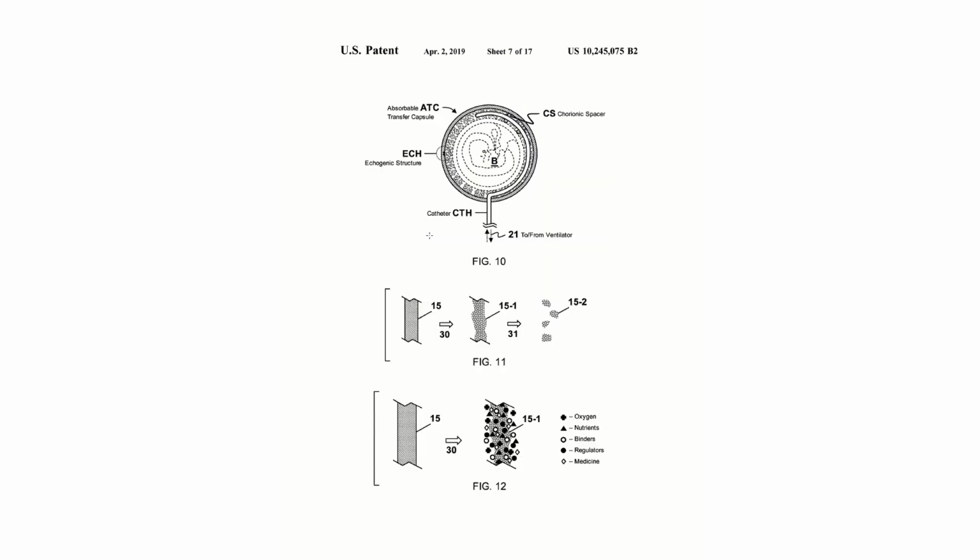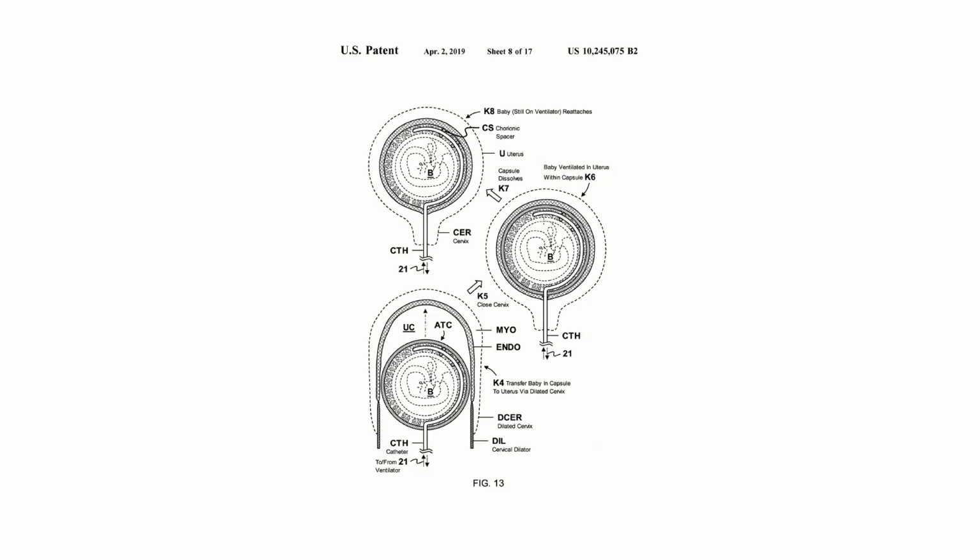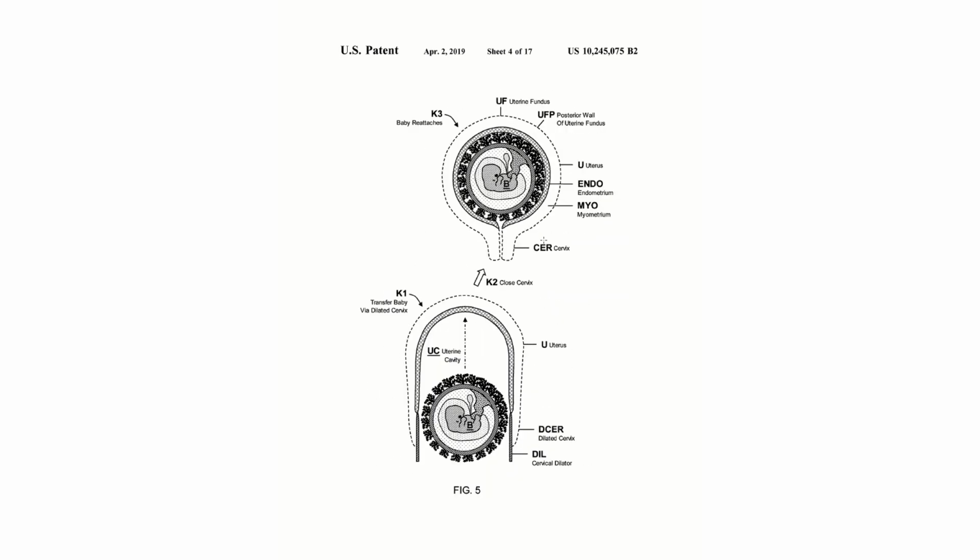What's going to happen is that after a time, the capsule dissolves like a cold capsule, and that leaves the baby there implanted in the uterus. Now we know from the example of a secondary ectopic pregnancy that babies are very capable of reimplanting, reattaching to the uterus.